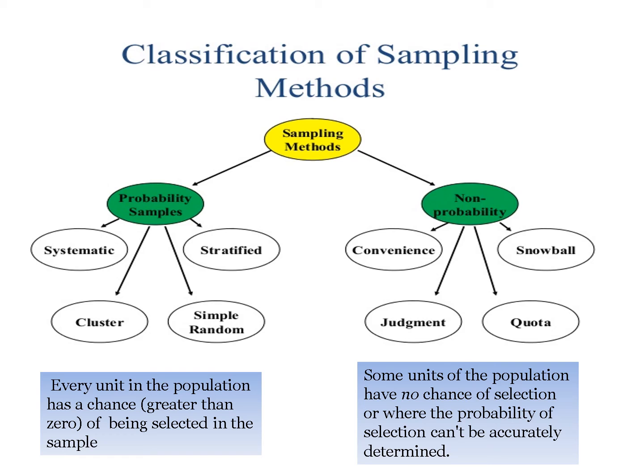Examples of this type are convenience sample, judgment sample, quota sample, and snowball sample. The results of research done by this type of sampling technique cannot be generalized to the whole population because there is no randomization.